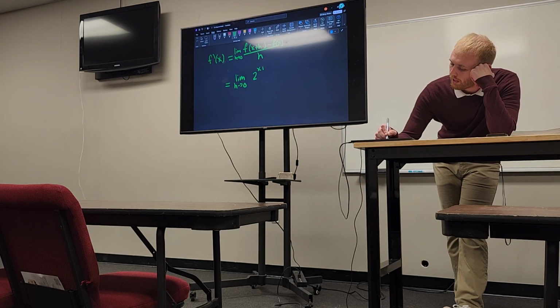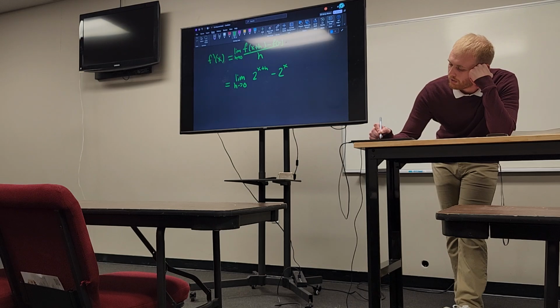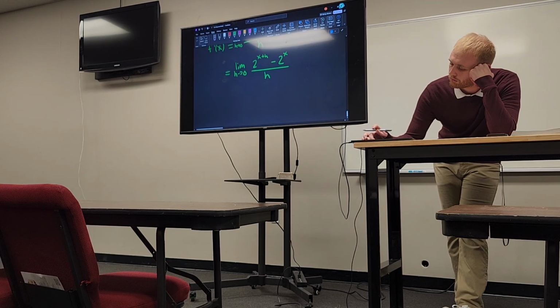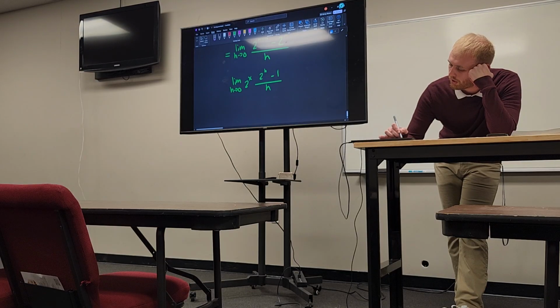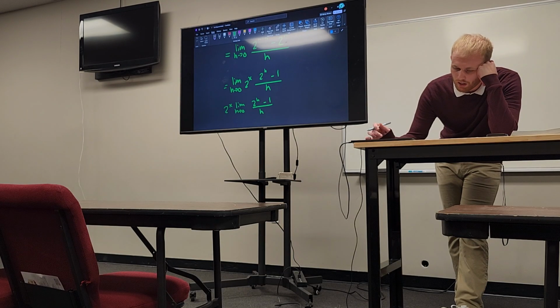So 2 to the x plus h minus 2 to the x over h. So then you can take out the 2 to the x and leave 2 to the h minus 1 over h. And then we could just take this 2 to the x out altogether because it doesn't have anything to do with h anymore. It's completely independent.